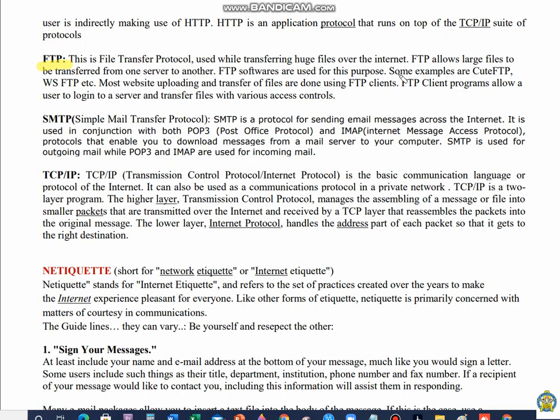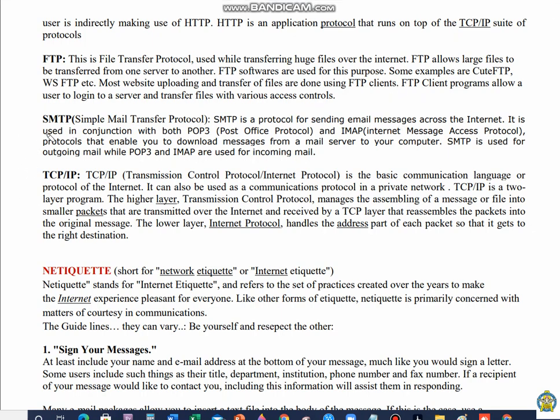Suppose I want to transfer a 10 GB file from one system to another, I can use not email attachments, but FTP. There are file transfer sites or utilities that can help you transfer from one computer to another. Of course, now most of us use what are called cloud sharing, etc.